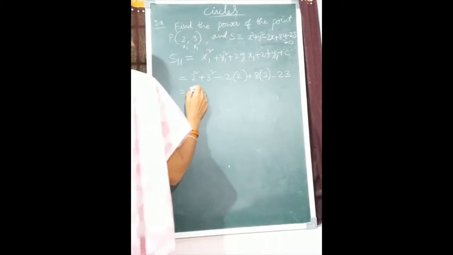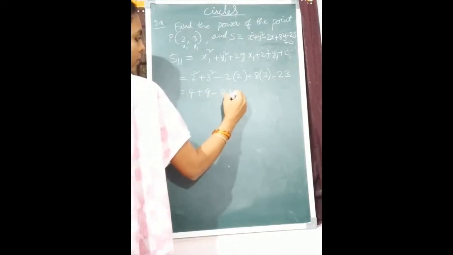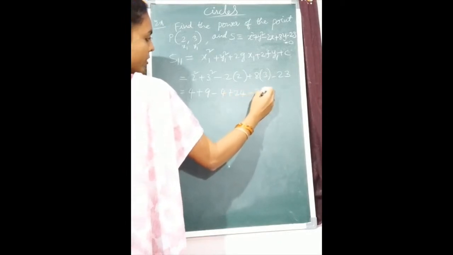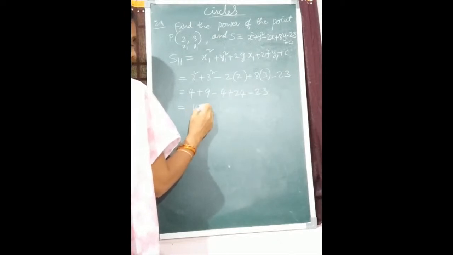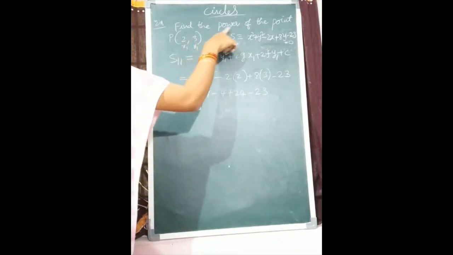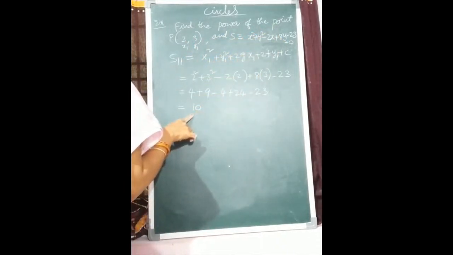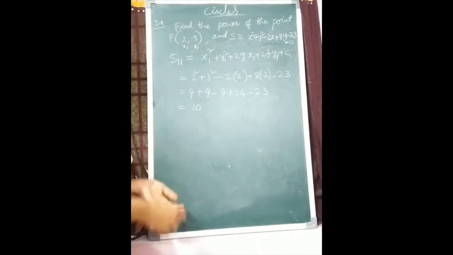This is 4 plus 9 minus 4 plus 24 minus 23. We simplify that. This is equal to 10. So the power of the point S11 is equal to 10. This is a 2 marks question. Next.